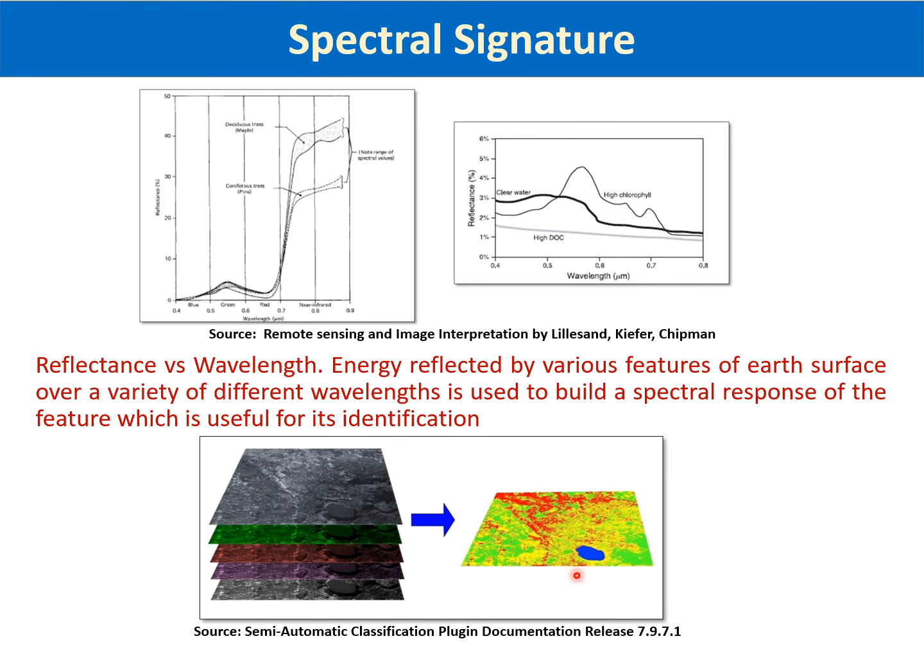In this SCP plugin, training samples are also known as regions of interest, ROIs, for each known class. Once you have the training samples, the spectral characteristics of unknown pixels are compared with those of the training samples, and each unknown pixel is assigned to the class with the most similar spectral profile. So the accuracy depends largely on how good your training samples are.